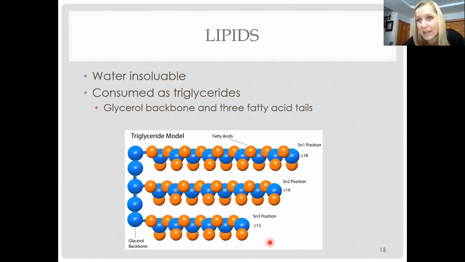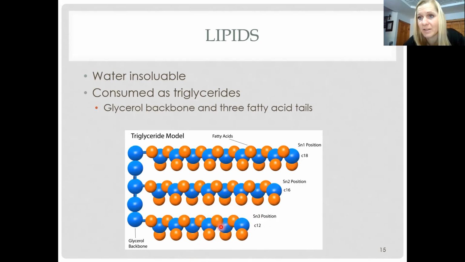So when I consume fats, I consume them in the form of triglycerides. When I chew them up and digest them, I break them down into fatty acid tails, like short-chain, medium-chain, and long-chain fatty acids.